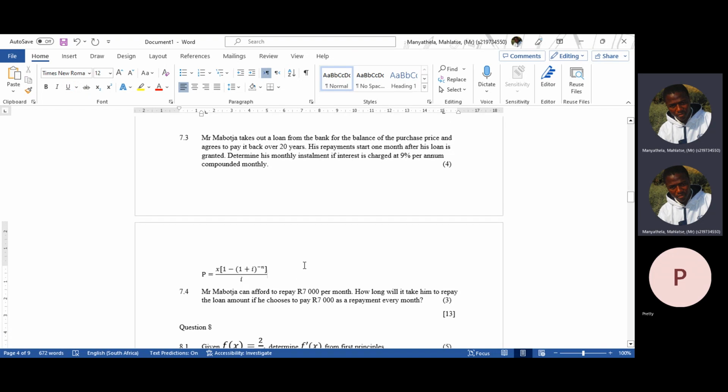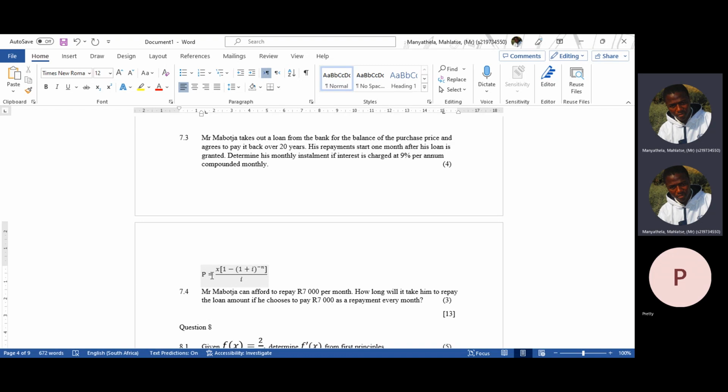So if we look at the question, what are we supposed to calculate? The monthly installment, right? So the monthly installment in this case is X, meaning that we are going to calculate X. We have the loan amount, which is 748,000.